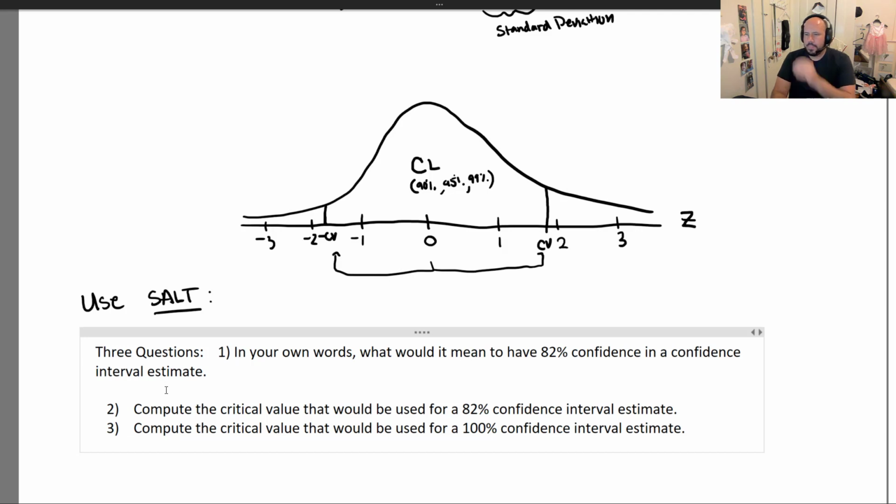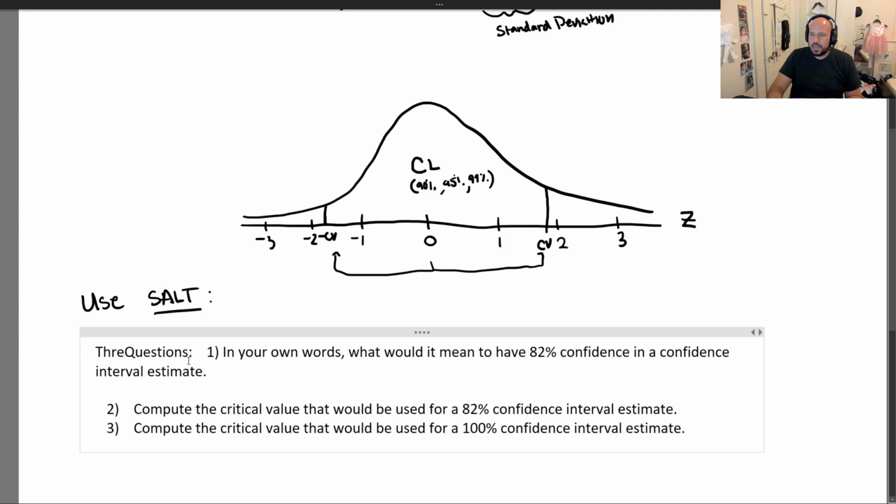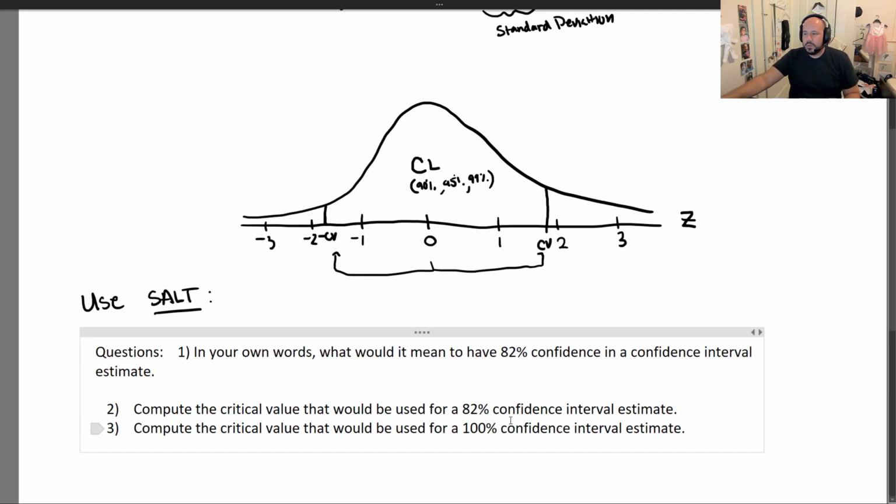Okay? So we have basically 3 questions. In your own words, what would it mean to have 82% confidence in a confidence interval estimate? Compute the critical value that would be used for an 82% confidence interval estimate. Compute a critical value that would be used for a 100% confidence interval estimate.